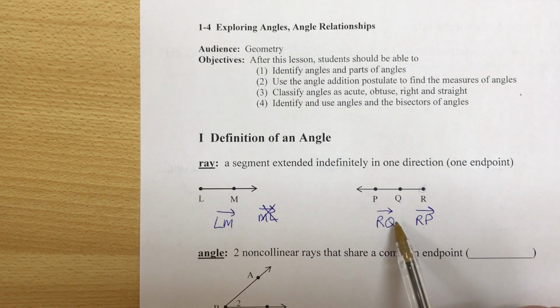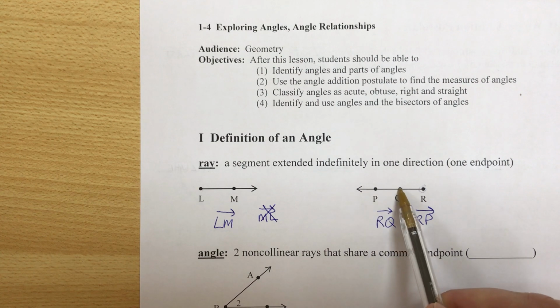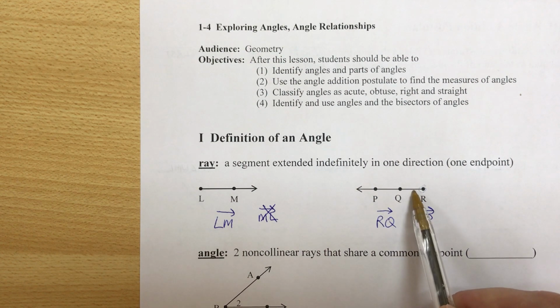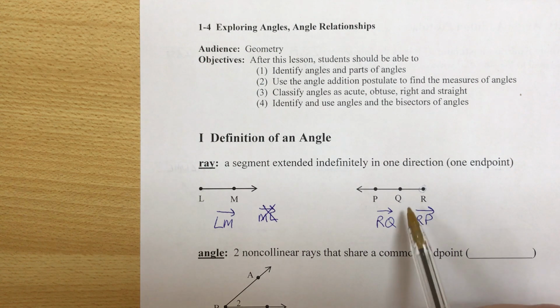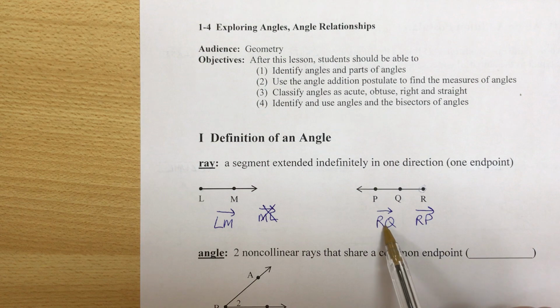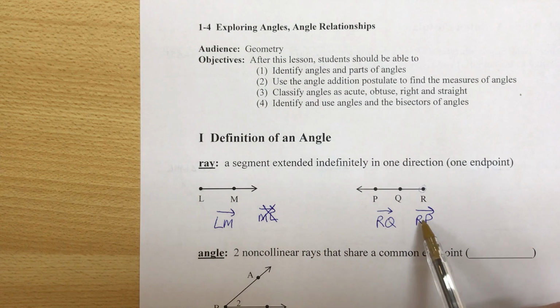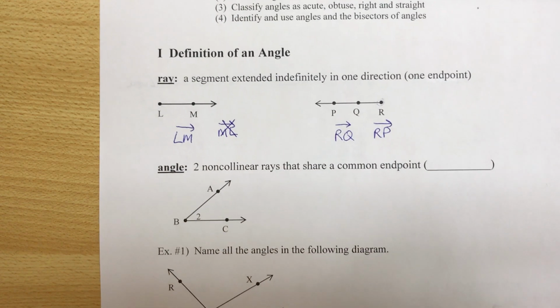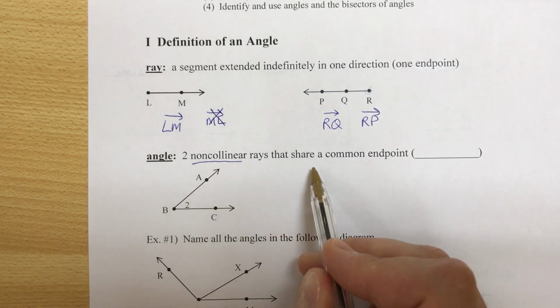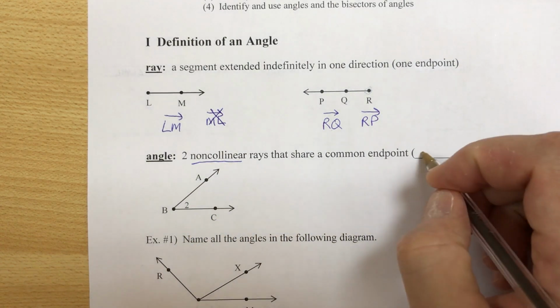So either of these is correct. We couldn't say QP because if we start with Q, we would be missing all these points right here. And you only use 2 points, so you won't say RQP, okay? Ray RQ, ray RP.